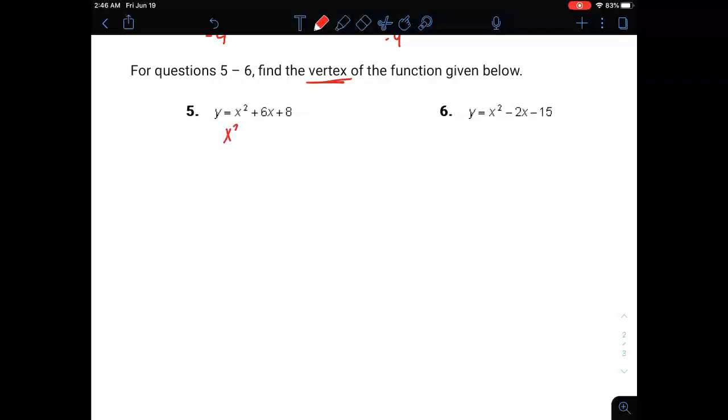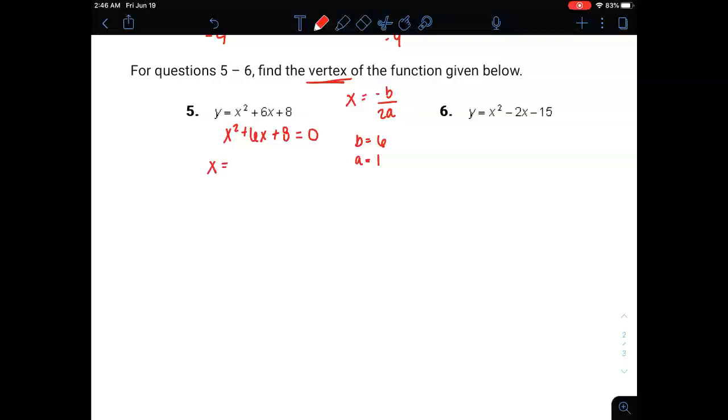So if we set this equal to 0, we know that the x-coordinate of the vertex is equal to negative b over 2a, right? So my b value is 6 and my a value is 1.